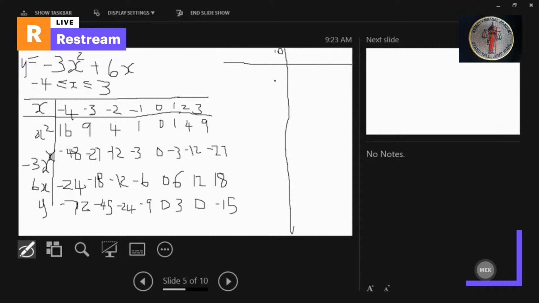So I'm going to have negative 10, negative 20, negative 30, negative 40, negative 50, negative 60, negative 70. Then I can estimate negative 72. And on the x, pretty much 1, 2, 3, 4.